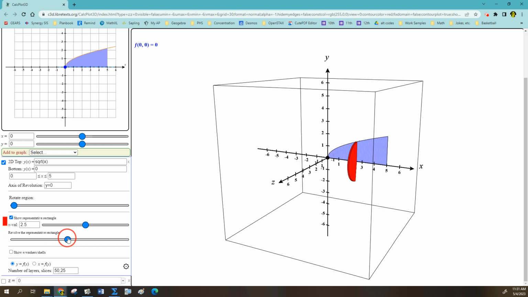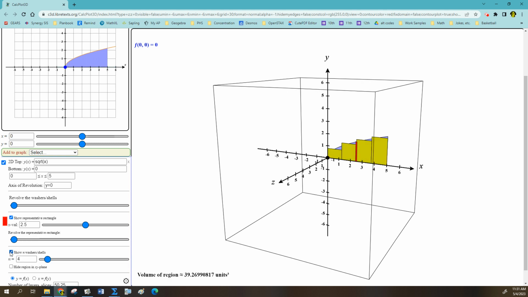I'm going to revolve that little rectangle around to carve out a disk. Everybody see that? Okay.